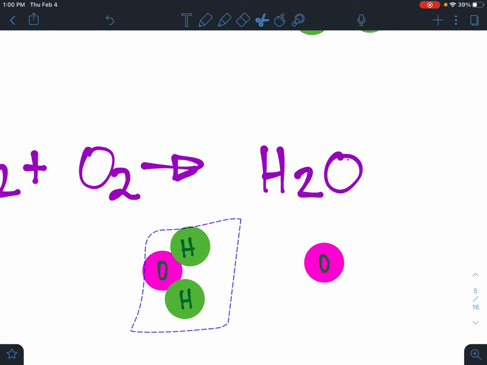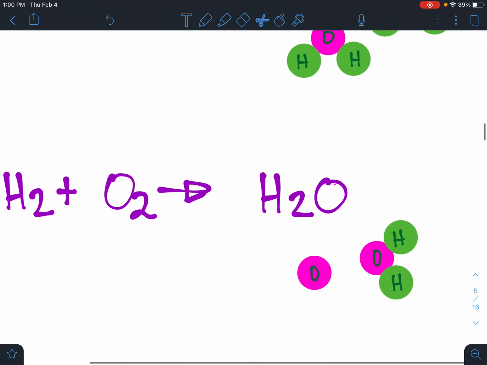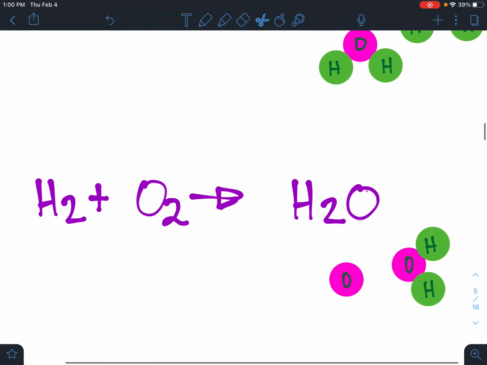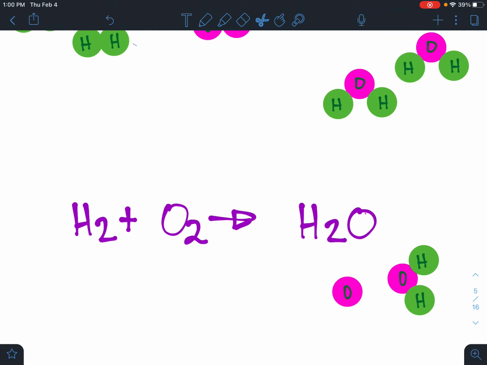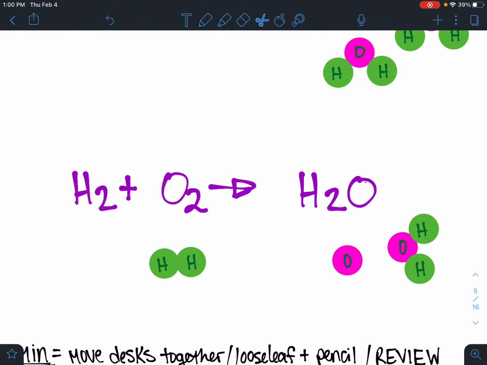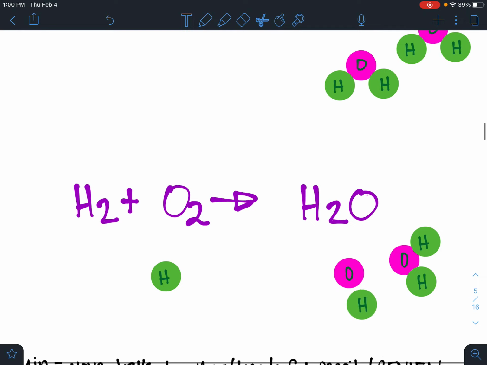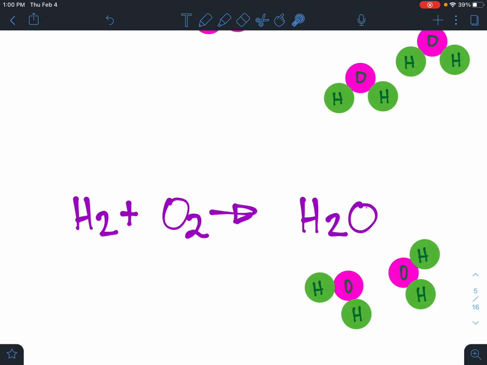But a single oxygen is not one of our products. H2O is a product. So in order to only get H2Os as a product, we actually need another hydrogen. So I'm going to bring this down here, and we're going to build H2O. We got two H2O molecules from one oxygen molecule, and we actually had to use two H2 molecules. So I'm going to write in the coefficients.